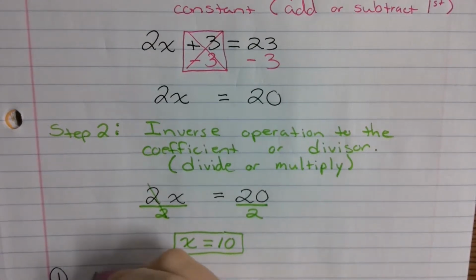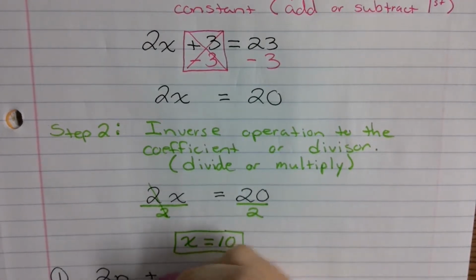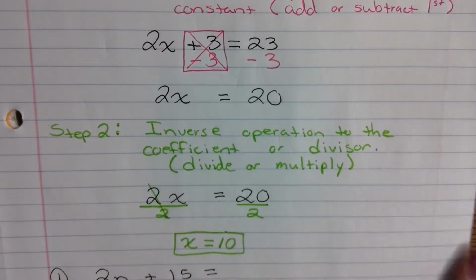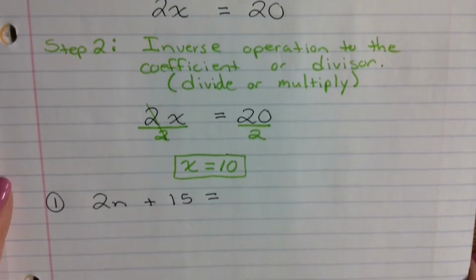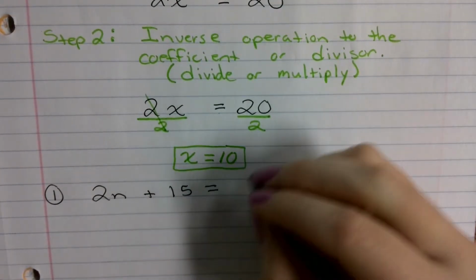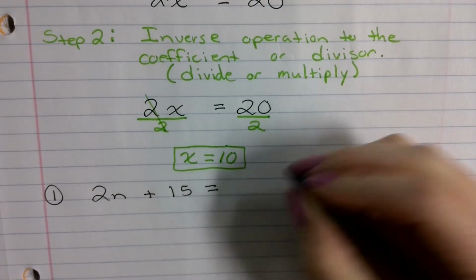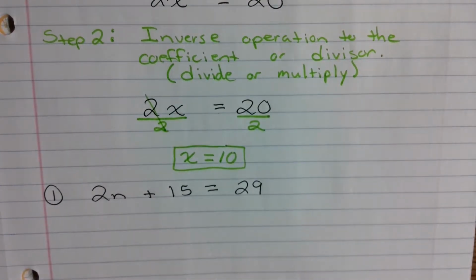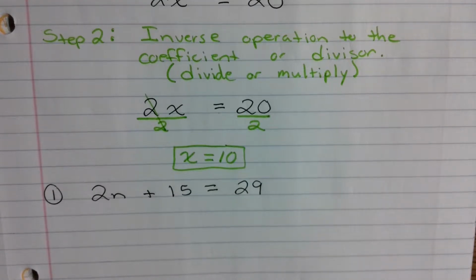So let's say that we have 2n plus 15 is equal to, oh, I'm so sorry, is equal to 29. 2n plus 15 is equal to 29. So like we said before, our first step is to either add or subtract.